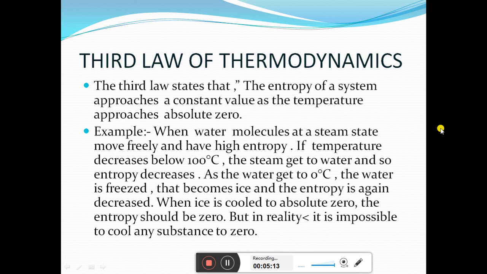When ice is cooled to absolute zero, the entropy should be zero. But in reality, it is impossible to cool any substance to absolute zero. That means this law is a theoretical approach, but not practically possible.